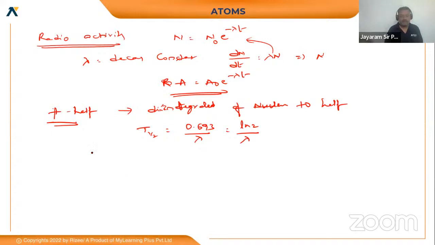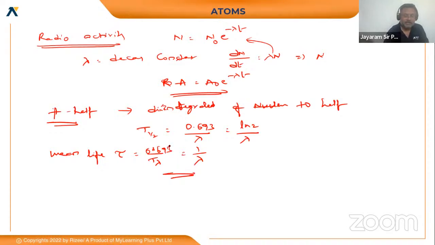It is your T half, and mean lifetime tau is equal to 1 by lambda, which is also equal to T half by 0.693.